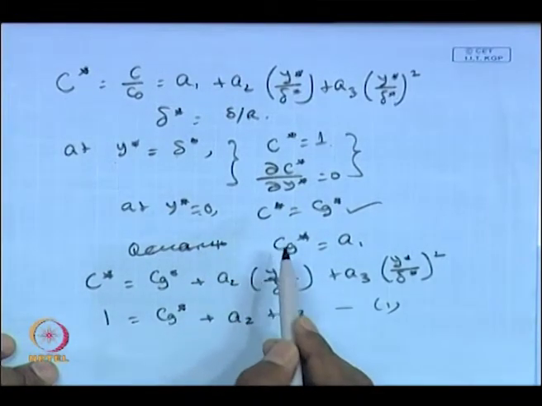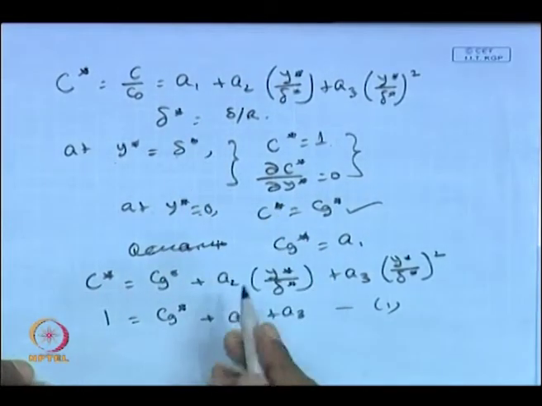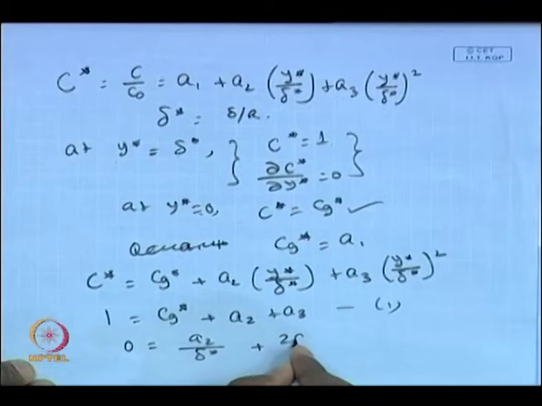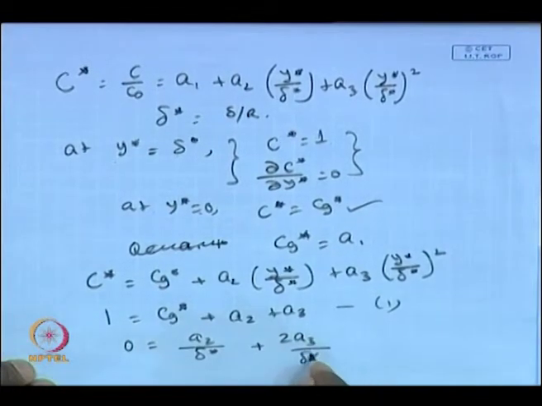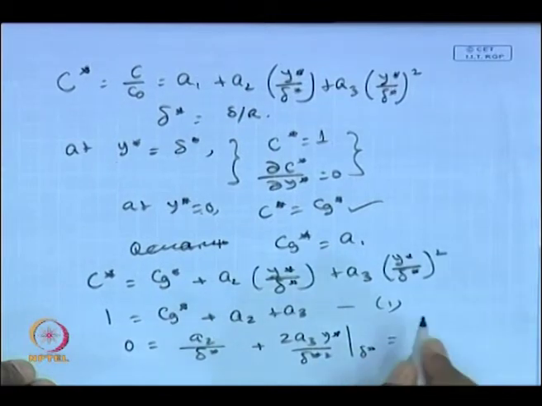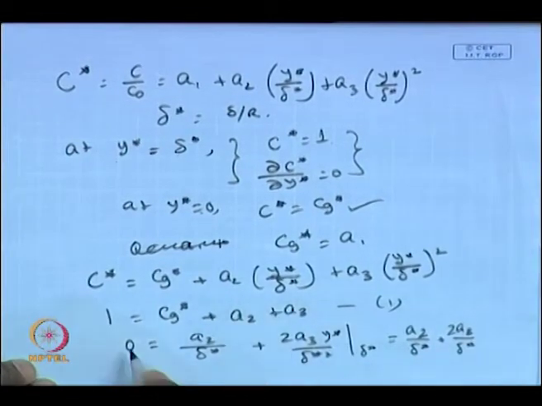Since the gel layer concentration is constant, the derivative of the first term will be equal to 0. So, 0 equal to A2 by del star plus 2A3 y star by del star square, right. This whole thing has to be evaluated at del star, so del star will be cancelling. So, you will get A2 by delta star plus 2A3 by delta star equal to 0, that is del C star del y star, right.